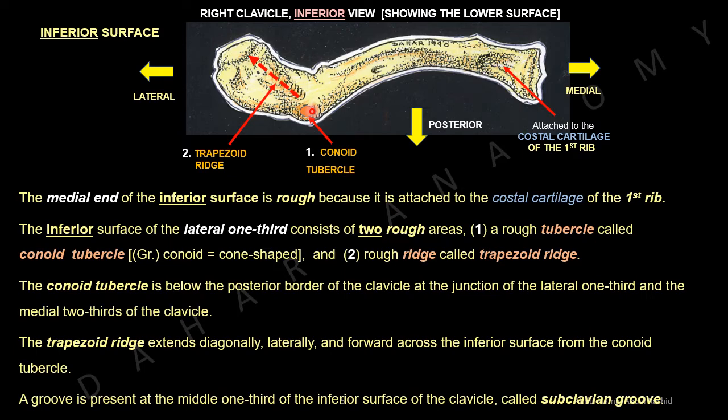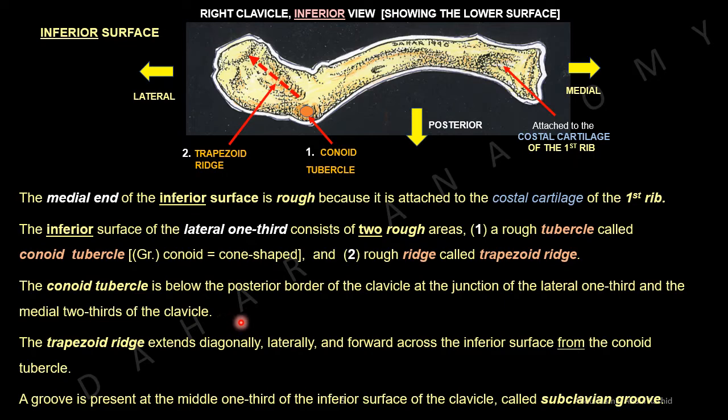The first rough area, number 1, is a rough tubercle, called conoid tubercle. In Greek, conoid means cone-shaped. The second rough area is a rough ridge, called trapezoid ridge.